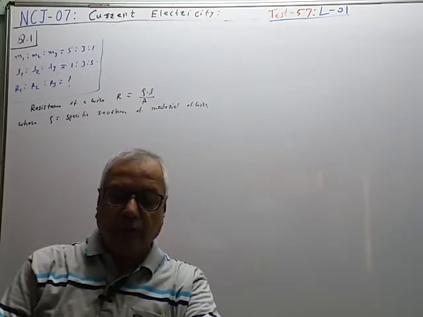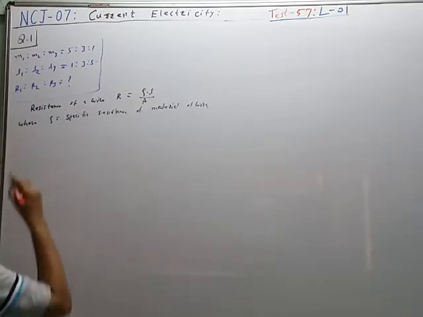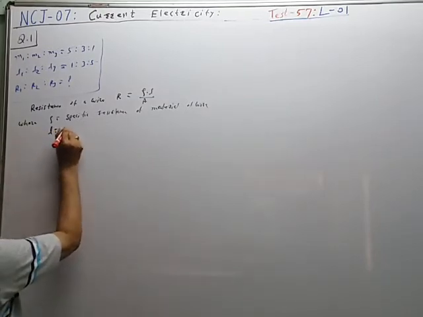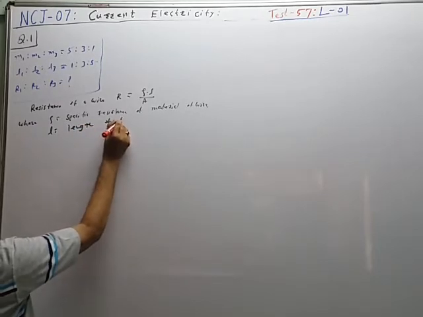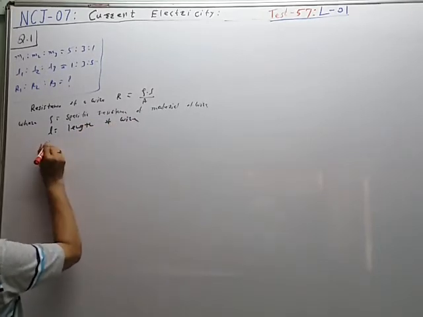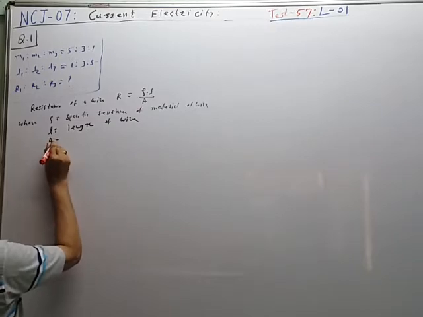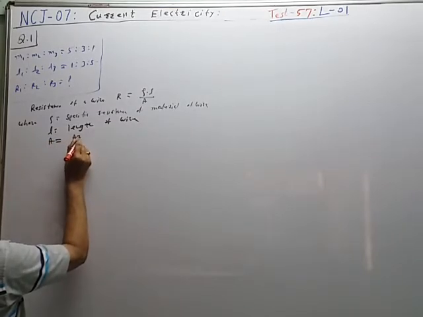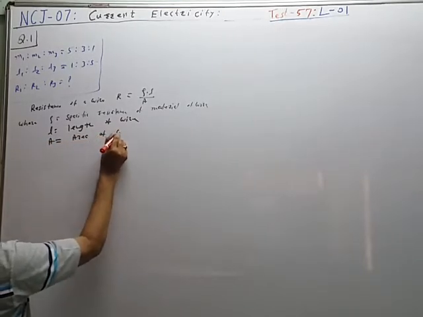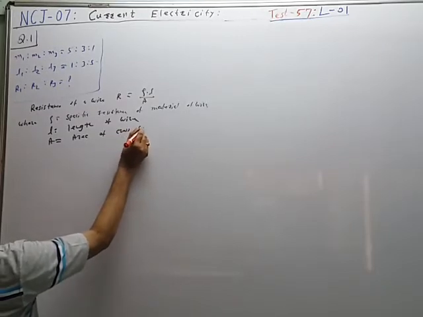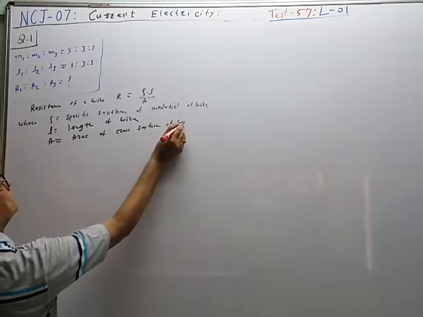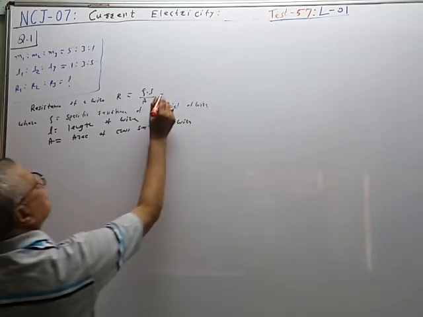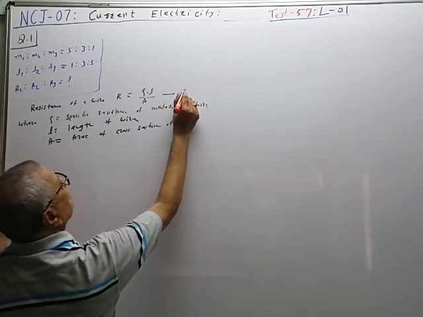L is equal to length of wire, capital A is equal to area of cross section of a wire. So this is basic equation 1.